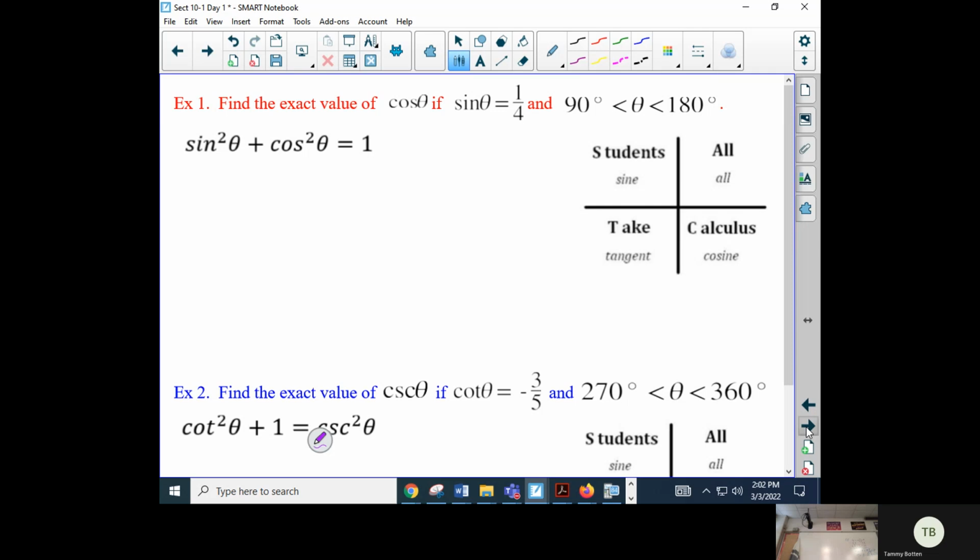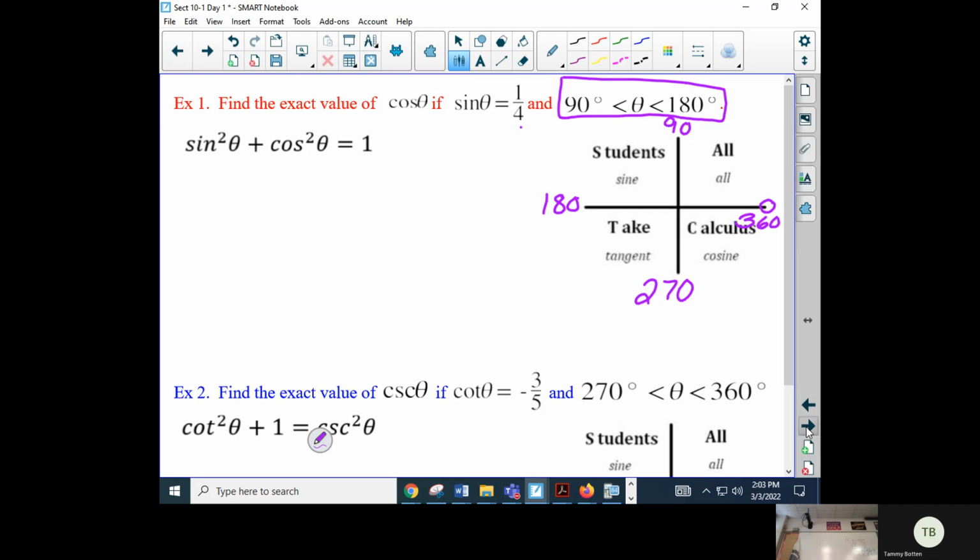If sine of theta equals this, they're telling you what quadrant you're in. I think you guys all know this is 0, this is 90, this is 180, this is 270, and this again would be 360. What this is going to tell you is what quadrant you're in.